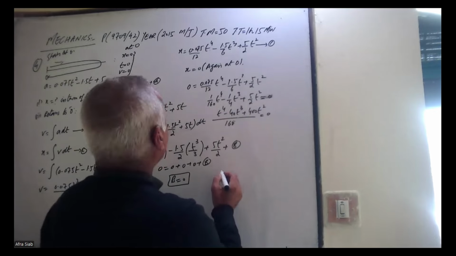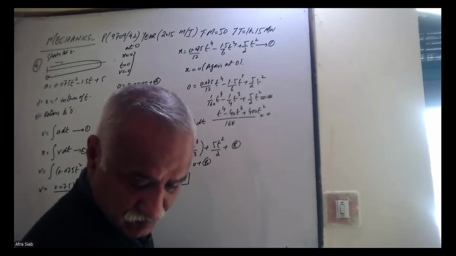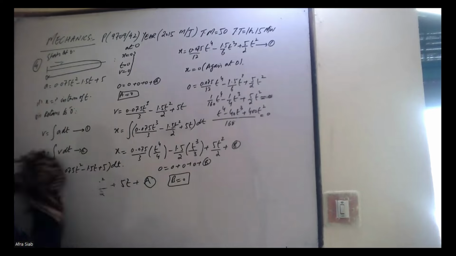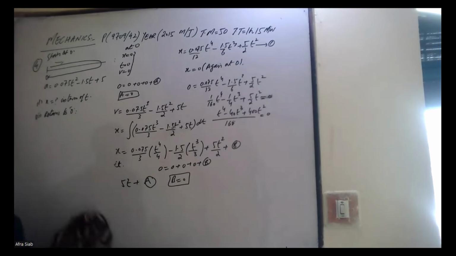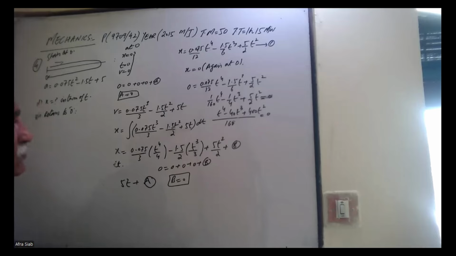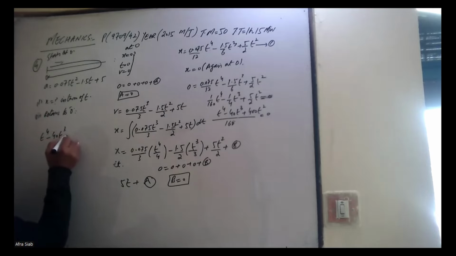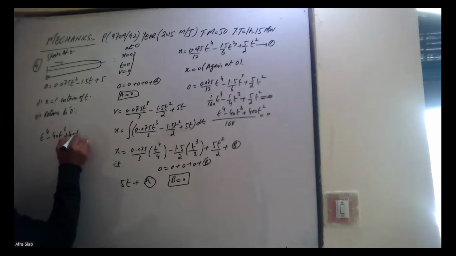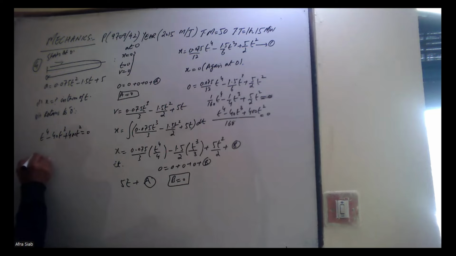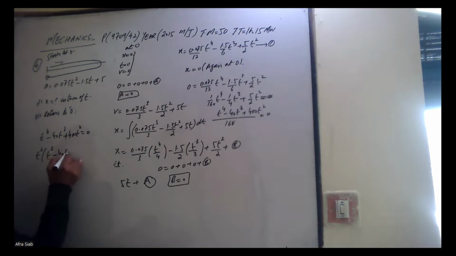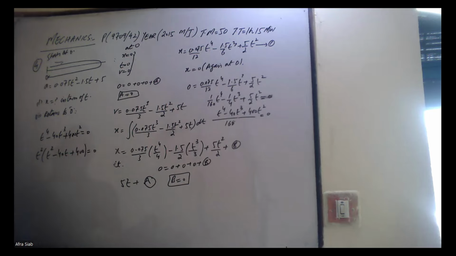So t^4 minus 40t cube plus 400 t square equals 0. If t square is taken common, then it should be t square (t square minus 40t plus 400), and that is equal to 0.